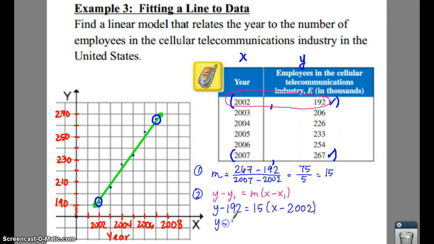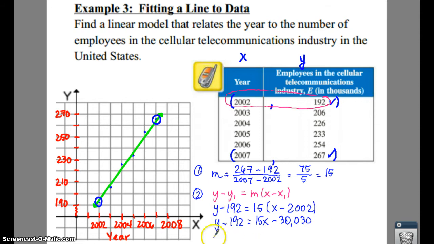So this is just y minus 192, and this is 30,030 when you multiply 15 times 2002.